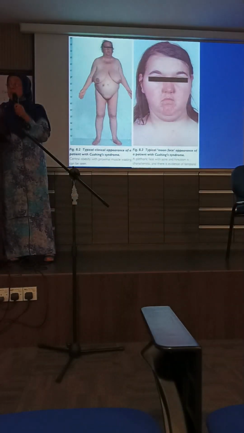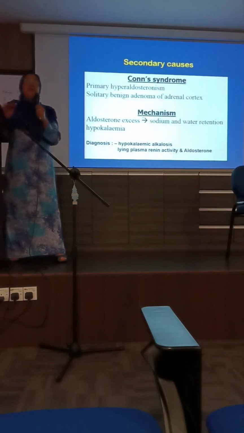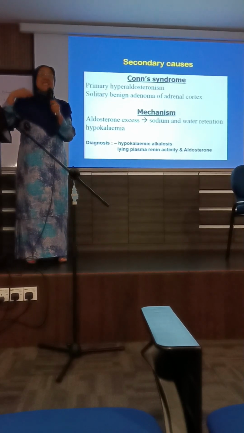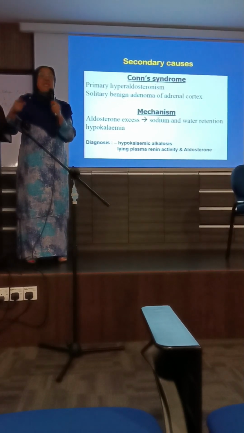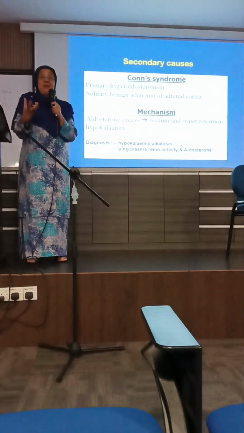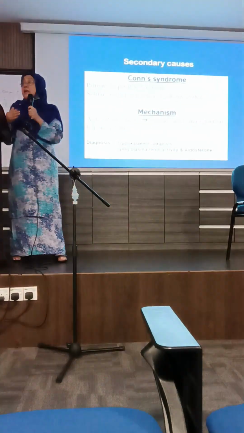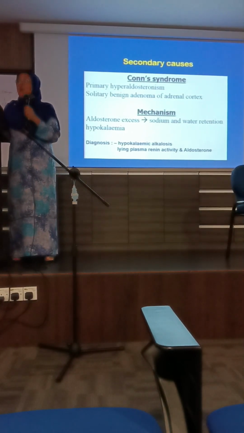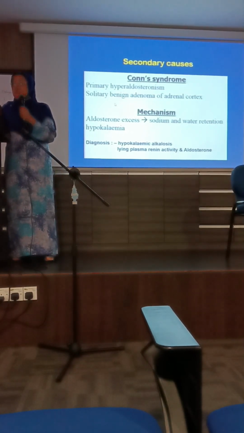The other hormone that can be secreted excessively from the adrenal cortex is aldosterone itself. It can be caused by hyperplasia or by adenoma. This is called primary hyperaldosteronism.